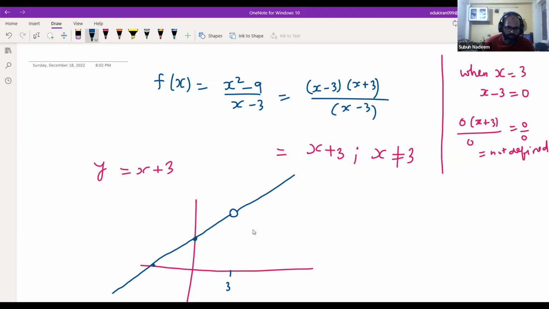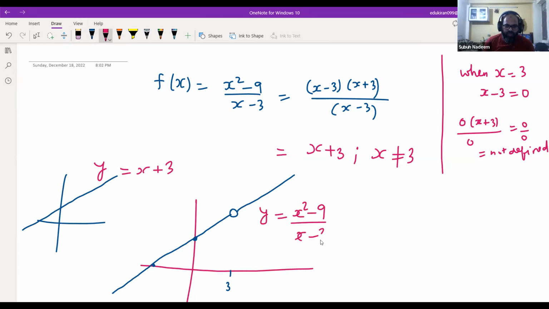And then it goes like this. So this is not exactly the same as y is equal to x plus 3, which does not have any gap. So there is a slight difference between y is equal to x plus 3 and y is equal to (x square minus 9) by (x minus 3). Here there is no gap. Are you getting the difference between these two graphs?